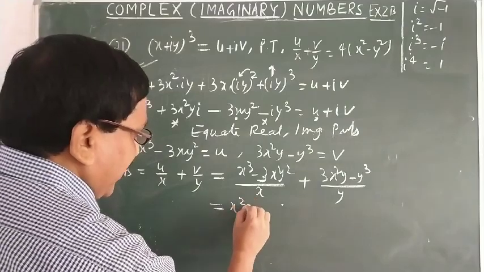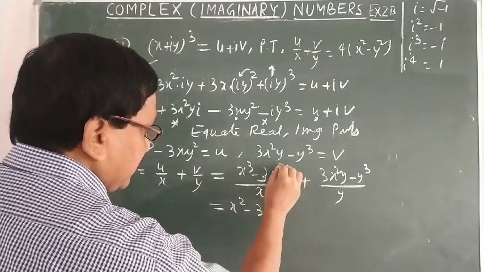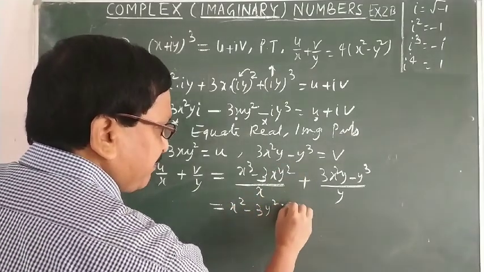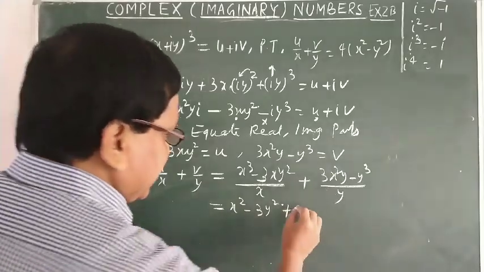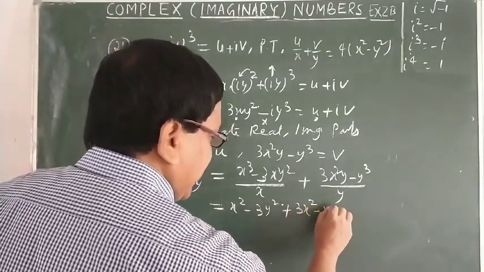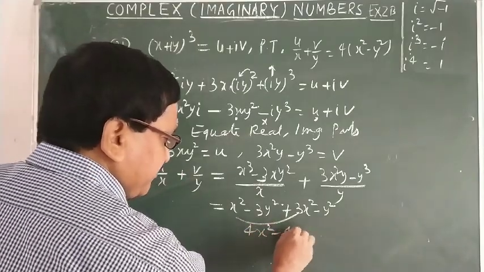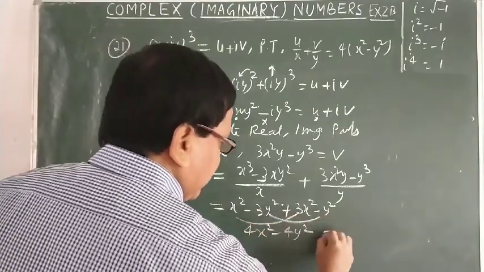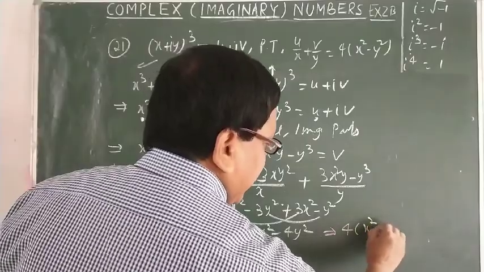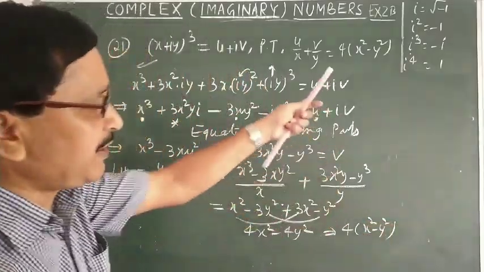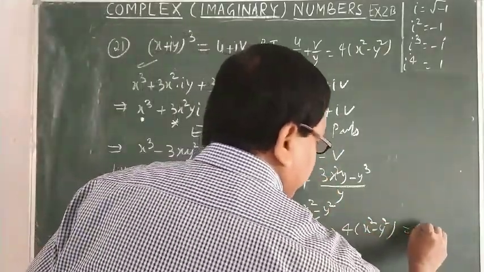So this is x square minus 3y square, plus y is cancelled, so 3x square minus y square. So this gives 4x square minus 4y square. So we get 4 common, x square minus y square. This is your RHS. So the problem is done successfully.